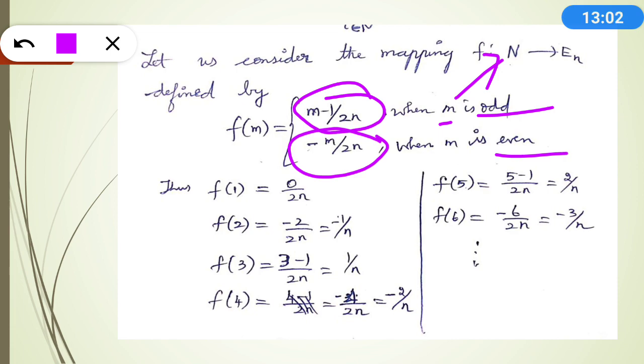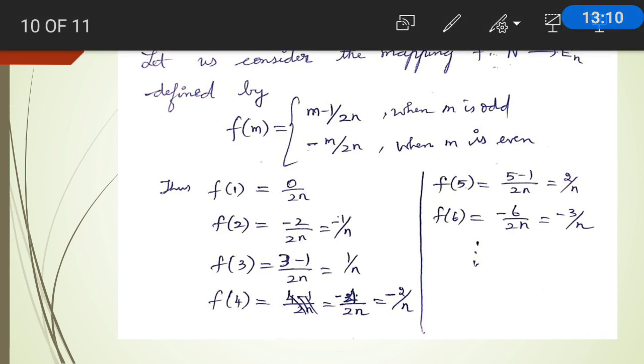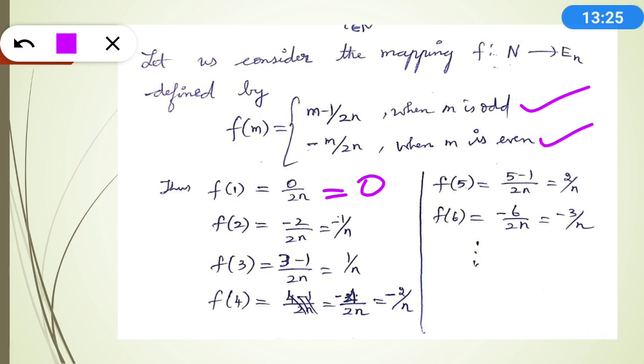Now if I put m as 1, it is odd, so it will go here, and I will get the value 0. When m is equal to 2, it will go here, so it will be minus 2 by 2n. I can cancel 2, I will get minus 1 by n.